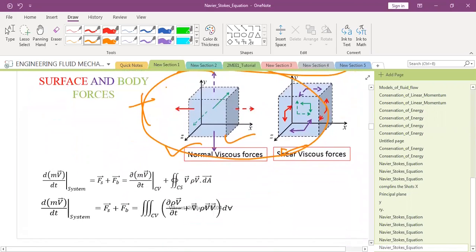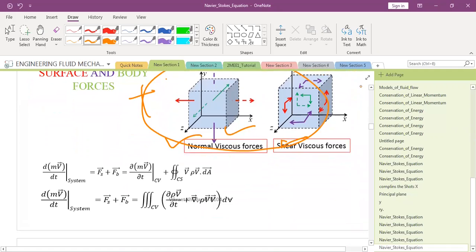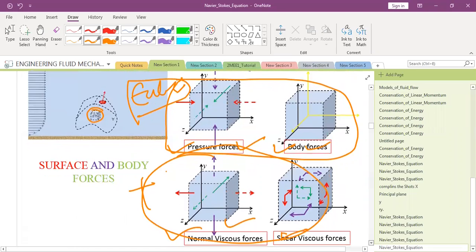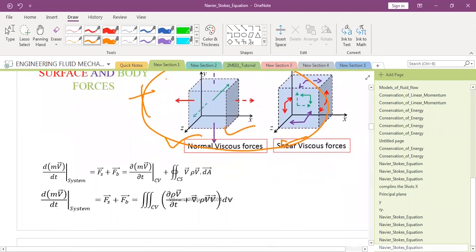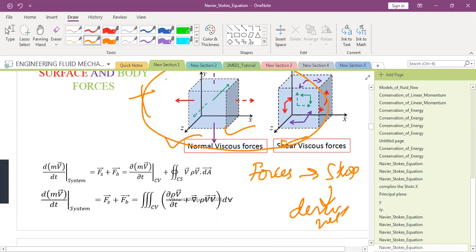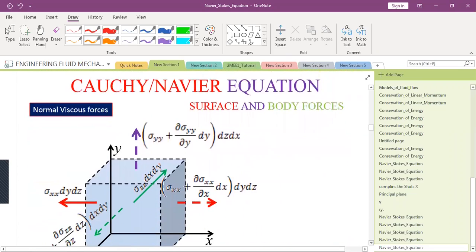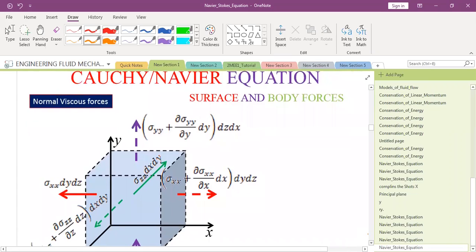So we understood that the Euler equation terms had all the measurable quantities, that is pressure and body force terms. But in case of viscous forces, we wanted to convert forces to stresses, then stresses to derivatives of velocities. So these were normal viscous stresses.